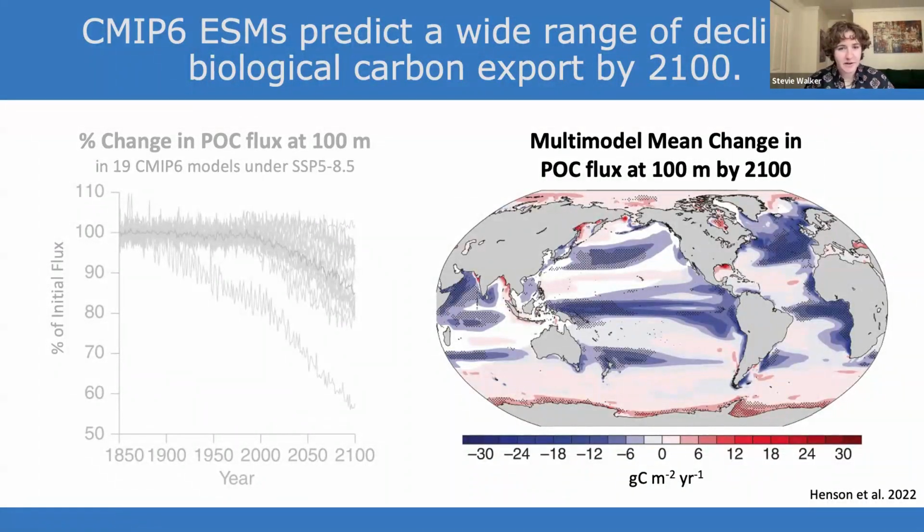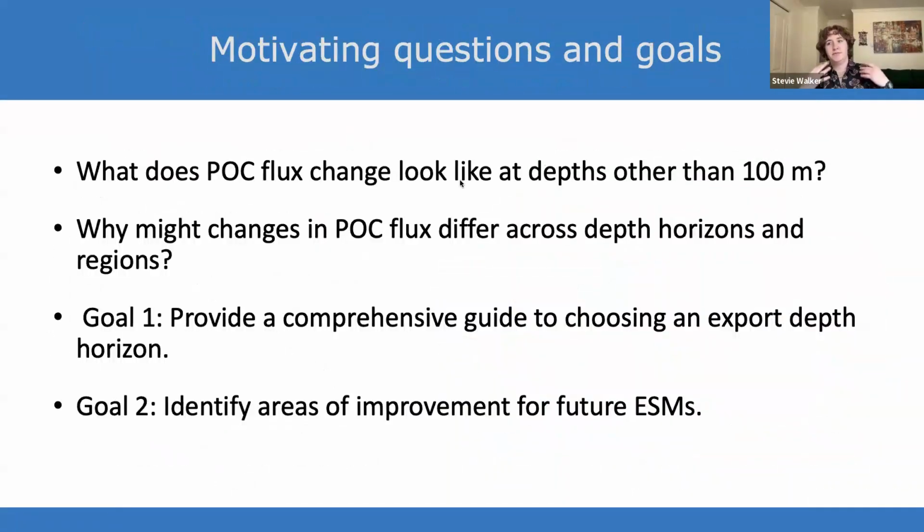So we really need a better understanding of why these ESMs are producing such different patterns in their prediction of export flux change. So this kind of leads into some of the motivating questions and goals of this project. What does POC flux change look like at depths other than 100 meters? The graphs I was just showing you used a fixed 100-meter depth horizon, and this has been the standard depth choice in previous generations of Earth system models.